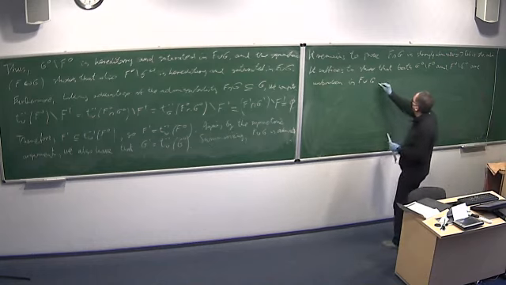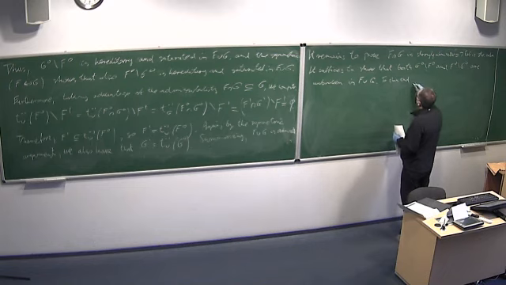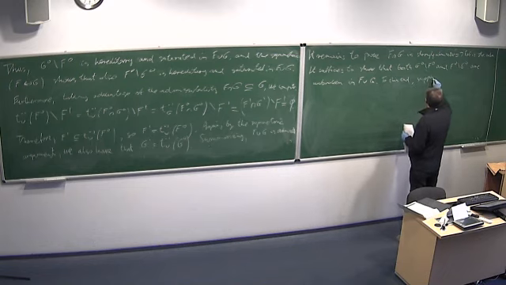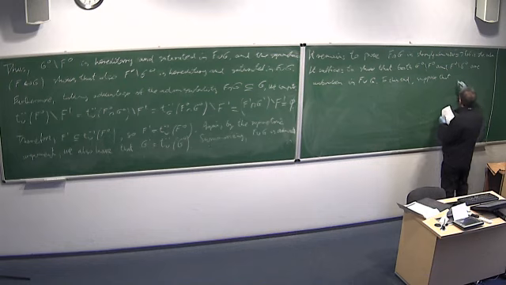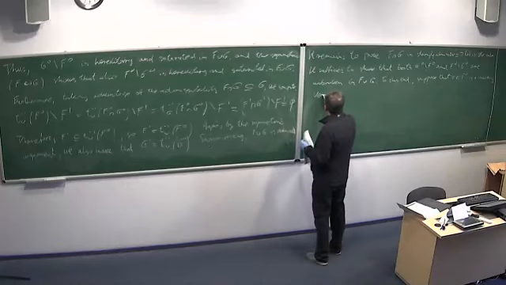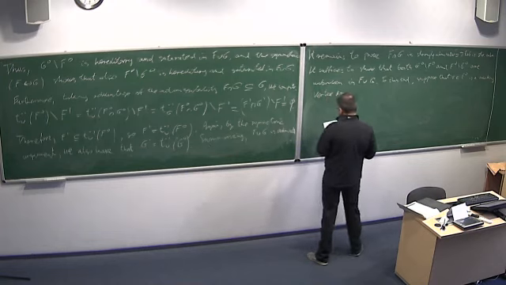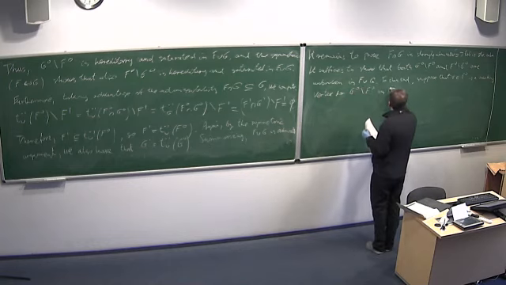So to this end, suppose that V, which belongs to F0, is a breaking vertex for G naught less F naught in the union graph.